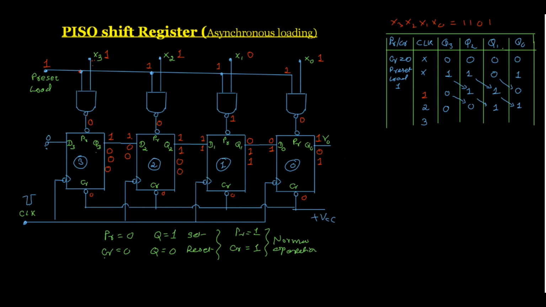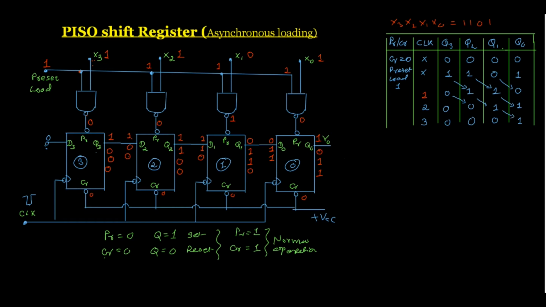Now the input to the D1 is 0, and therefore the output of the Q1 will be 0. The input to D0 is 1, and as a result the Q0 after the clock pulse will be a 1. So if you look at this in a table, this is going to be 0, this is going to be 0, this is going to be 0, and here the 1 is transferred like this.